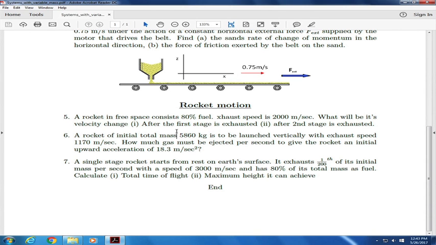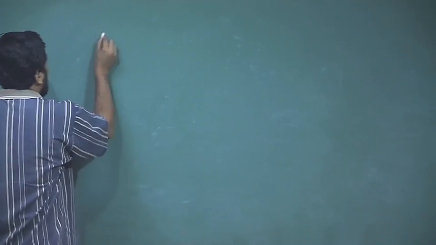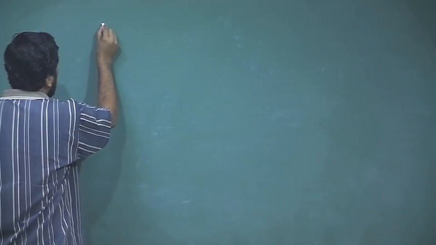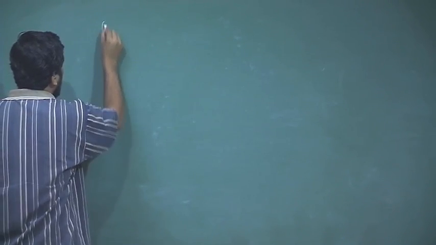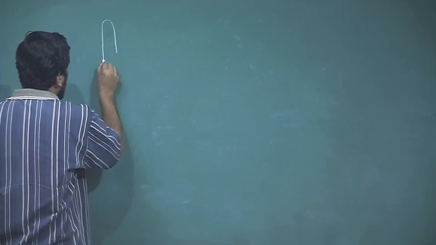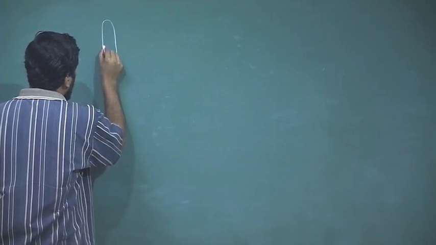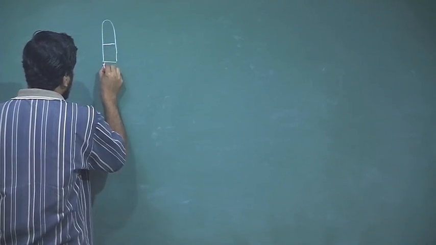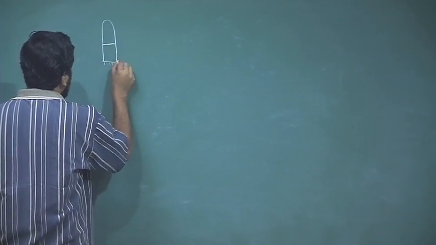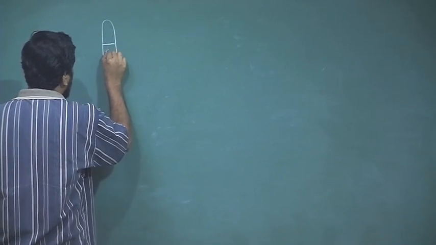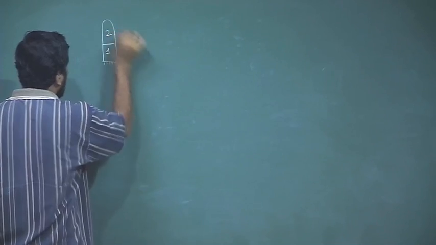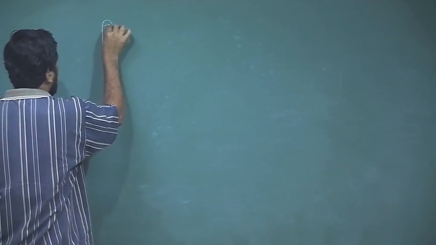Okay, so in order to do this problem, we have to understand the following. We have a two-stage rocket. So this is stage 1, this is stage 2, and maybe on top we have a small payload.